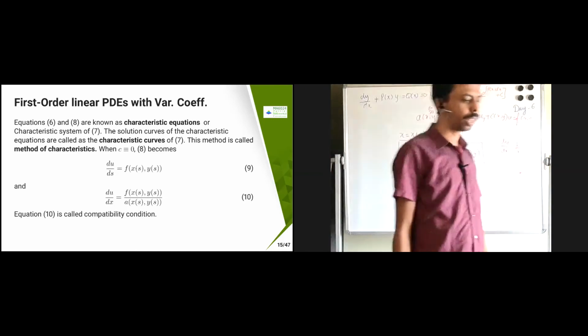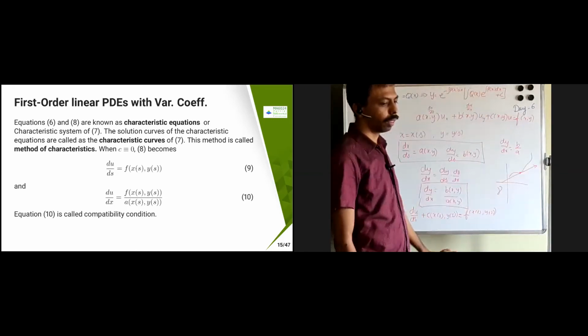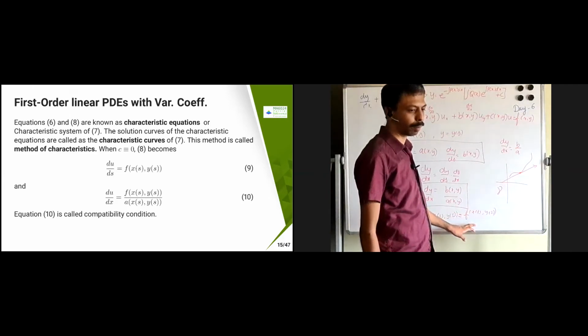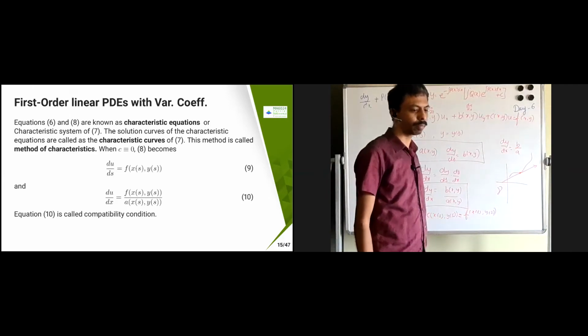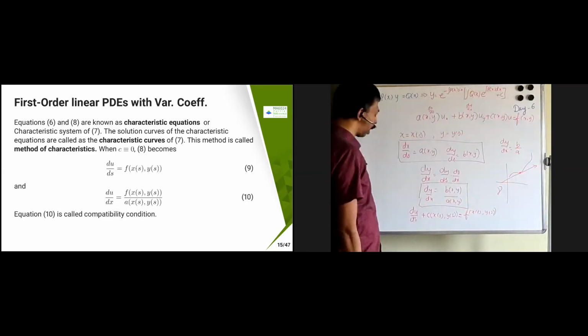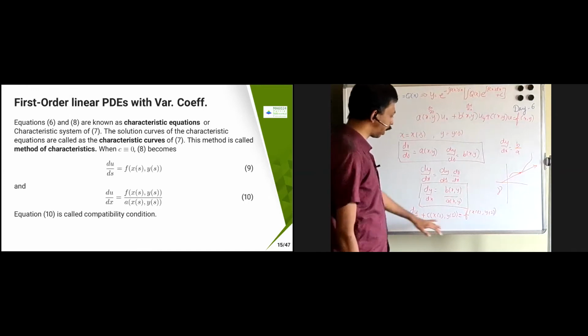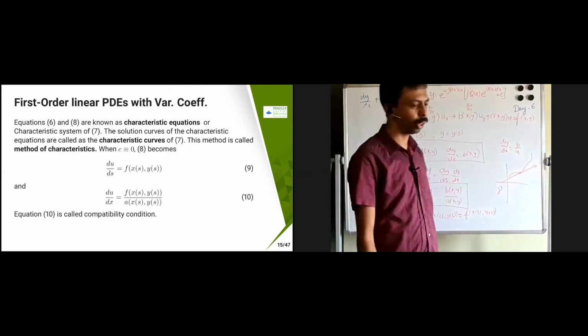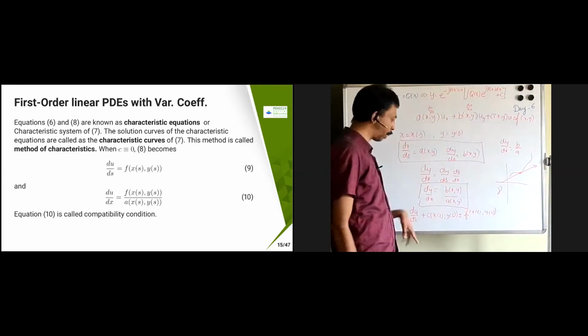If c becomes 0, then du by ds equals f of x of s, y of s. In that case, du by dx is what they call the compatibility condition.